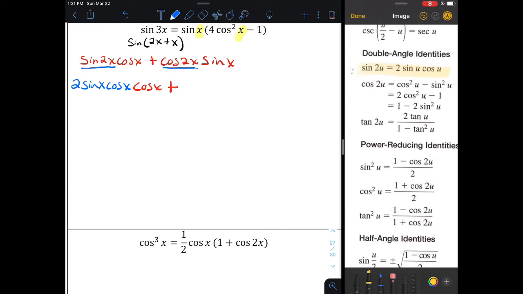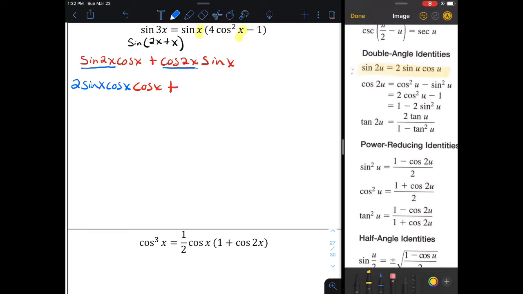When I'm looking at my right-hand side, I do not want to have cosine cubed anywhere, which I wouldn't necessarily have because I'm going to multiply by sine of x when I'm done. And so I have to pick strategically here.